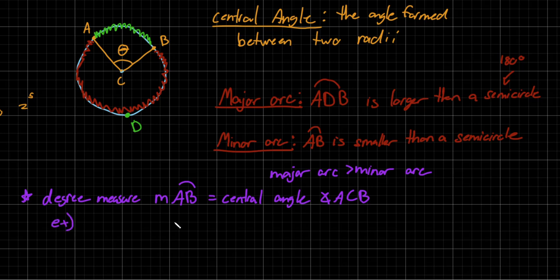So let's do an example. Draw another circle. Draw it as so. Let's call this center P. This is A, B. And I'm going to call this angle right here, Raylene, what do you want to give it?